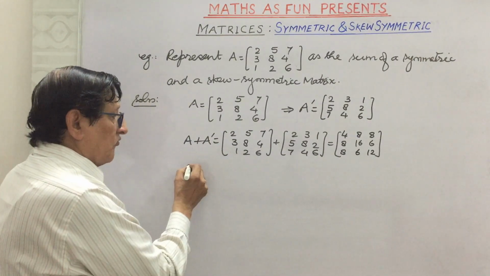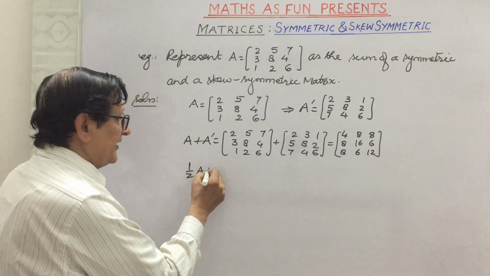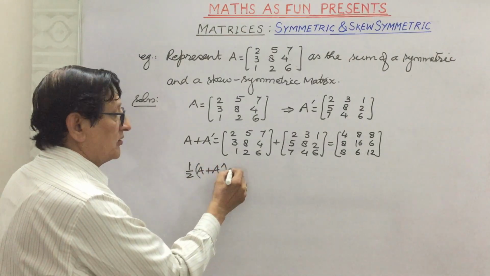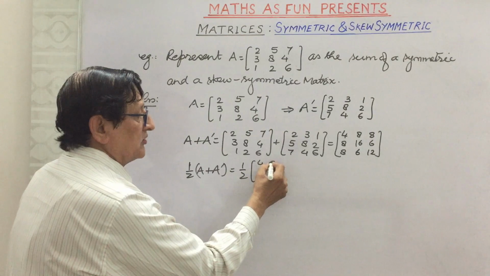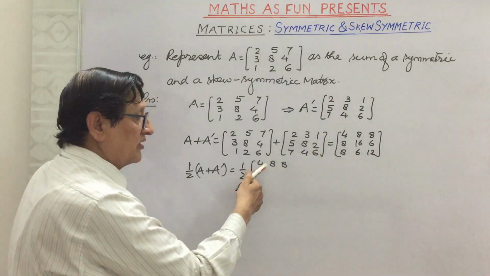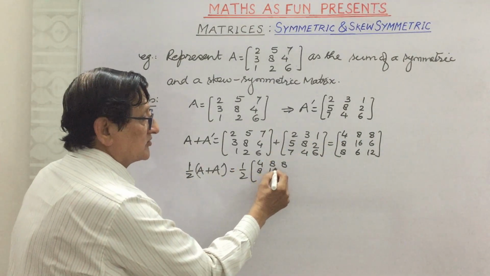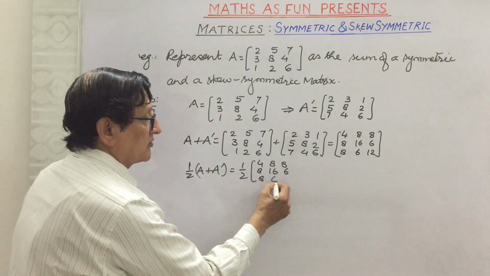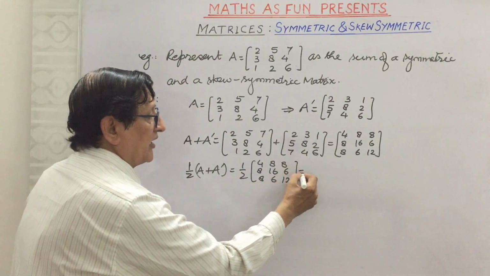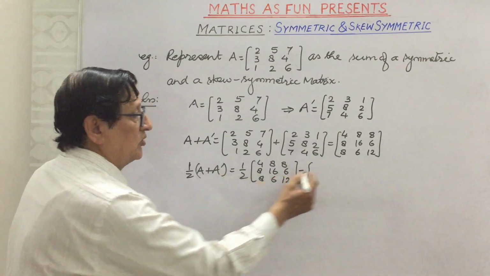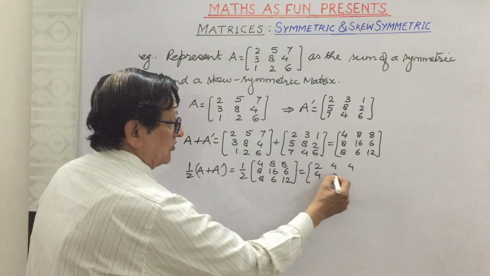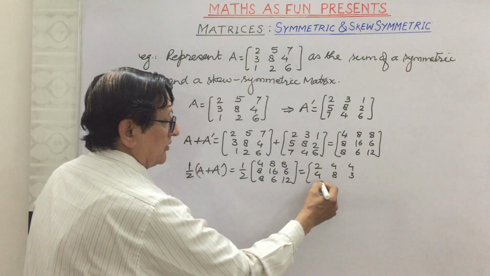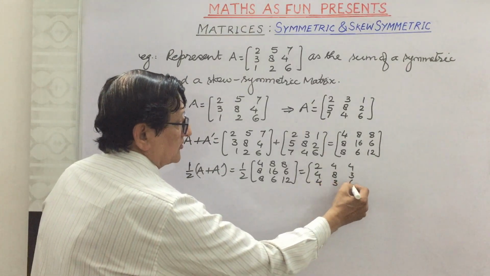We can find half of A plus A dash. Every element is to be divided by 2, so it will be 2, 4, 4, 4, 8, 3, 4, 3, 6.